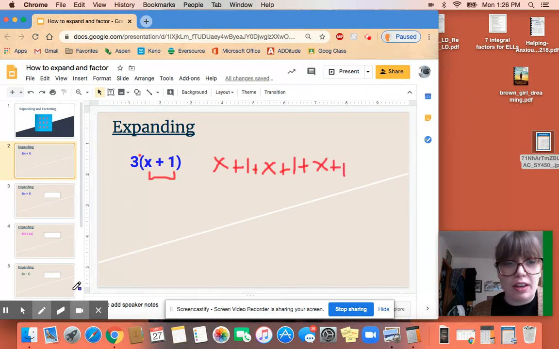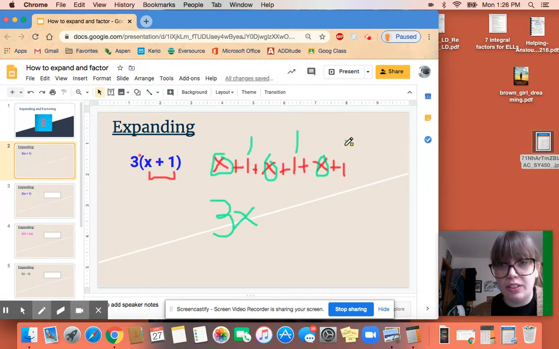Now, if I were to solve it like this and say, okay, I'm going to expand it like this, 3x plus 1s, I see I have 3 x's and I have also 3 1s.